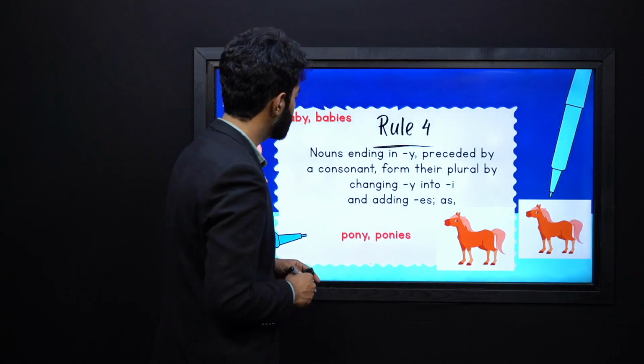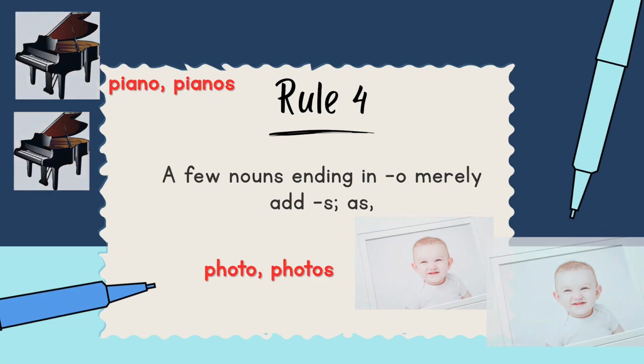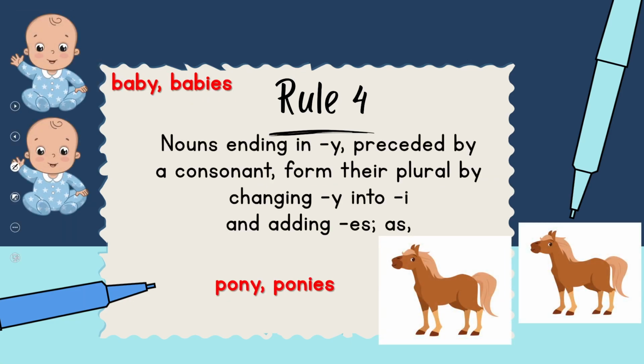Also we have some examples like, here we have nouns ending in y preceded by a consonant form their plural by changing y into i and adding es. For example, y will be removed and ies will be added here.